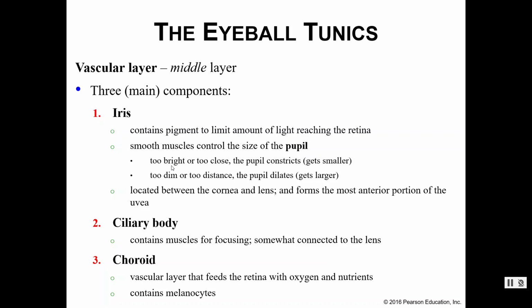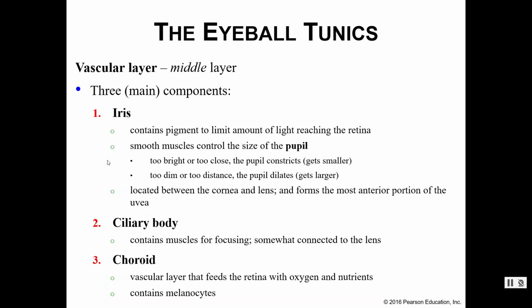It's too bright outside, something like that. Or we're trying to look at something too close to our face. And so we narrow the pupil itself. The hole gets smaller. If we're in a dimly lit room or we're trying to look at something farther away, we're going to want to let more light into our eye, and so we will do pupil dilation instead.